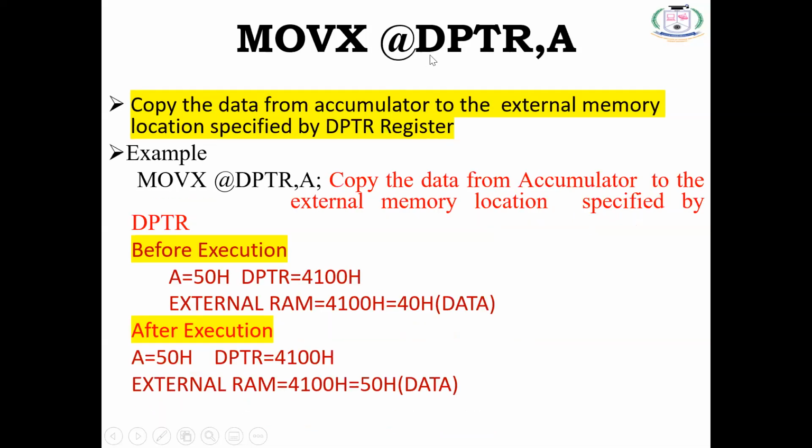Similarly, MOVX @DPTR, A. My accumulator content is moved to the address specified by the data pointer. My accumulator value is 50 and my external memory location is 4100. So 50 should move to 4100. The external RAM location 4100 is loaded with 50H.